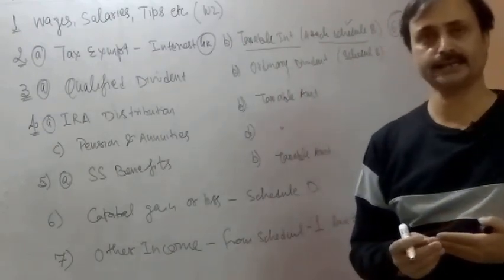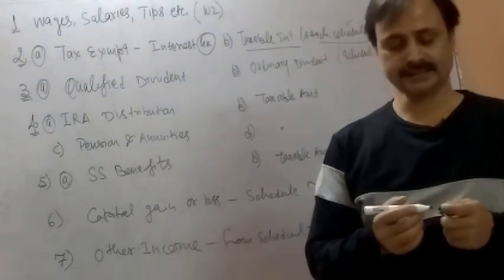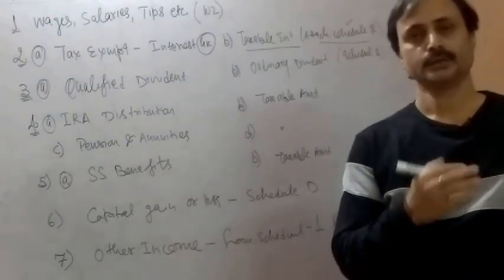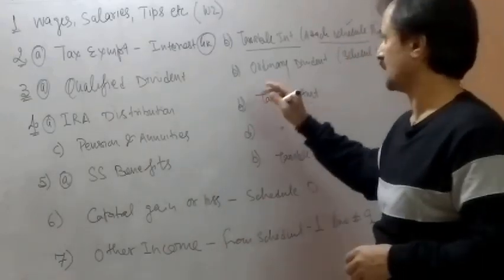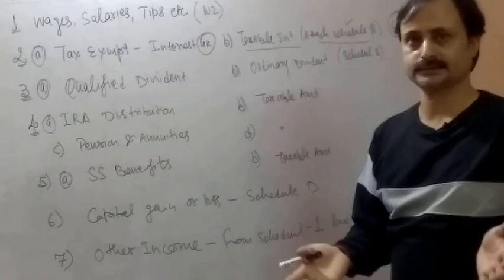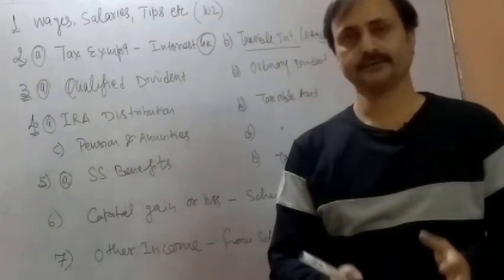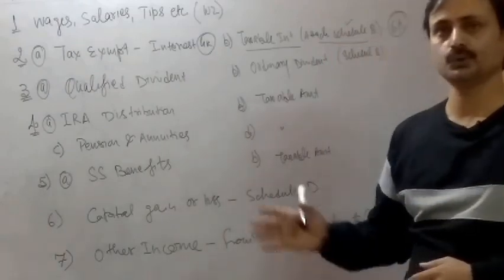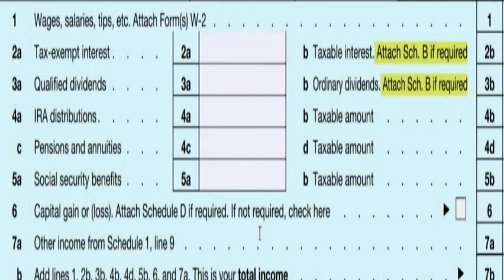Whenever you are doing underwriting on any loan, whatever income the borrower has considered or we are calculating for qualification, we can simply go to the tax return, and on the summary page we will find what schedule is required.